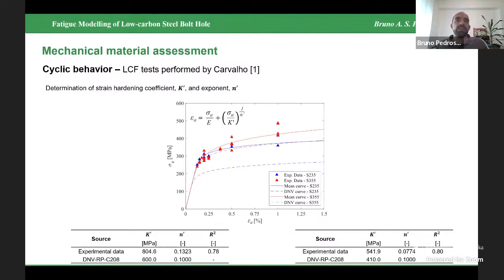Comparing both materials, it is visible that an improved performance is obtained for S355, mainly for higher values of strain amplitude. In the case of the DNV parameters, it shows a very low performance for S235, while for S355 it is closer to experimental results.